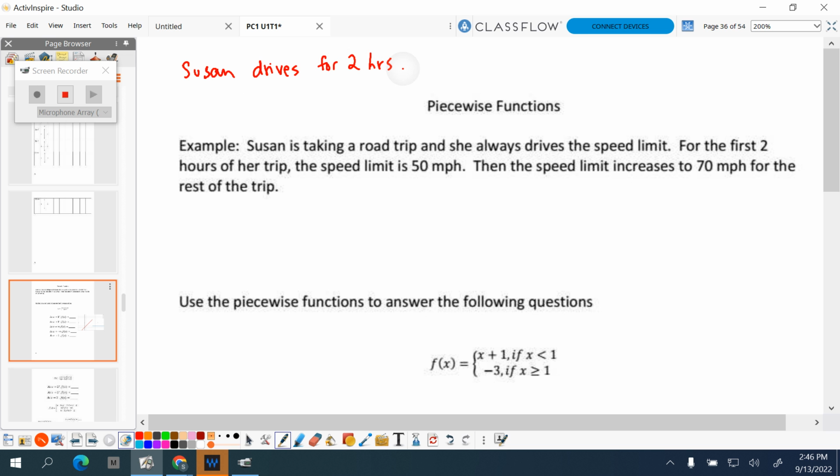She maintained a speed between 50 miles per hour to 70 miles per hour, right?